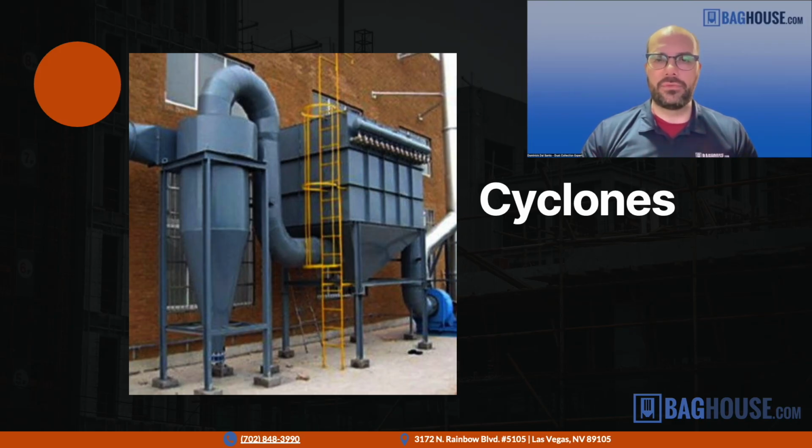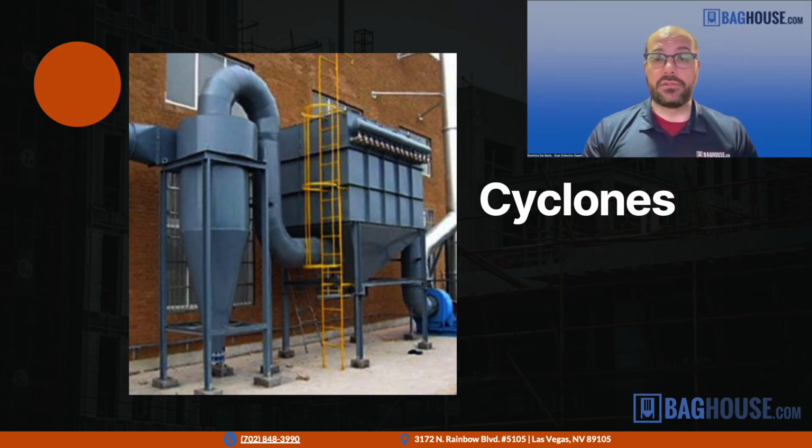They remove dust by having the dirty air enter the dust collector, spin around or impact some plates inside, and that sudden change in direction of the air, as well as in the cyclone where it spins, the particles eventually hit the outside of the cyclone wall, and then they slow down and they fall out of the airstream. And then the air exits and goes out somewhere else.